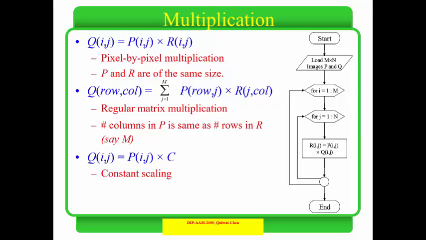While for the second, the number of columns in the first matrix should be equal to the number of rows of the second matrix. This is the normal matrix multiplication that we are used to. Or we have the simplest type, scalar multiplication: multiply a scalar value by all of the pixels inside this matrix.